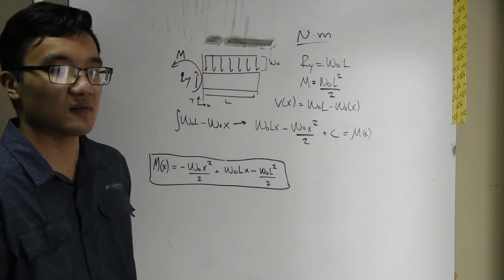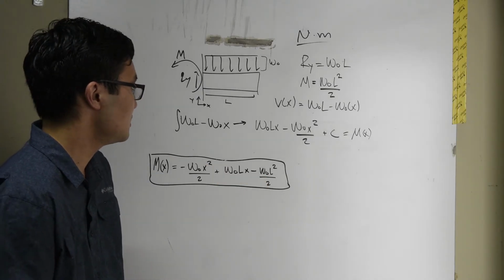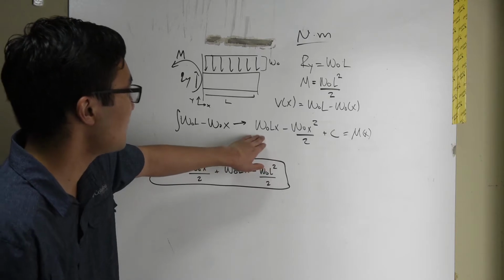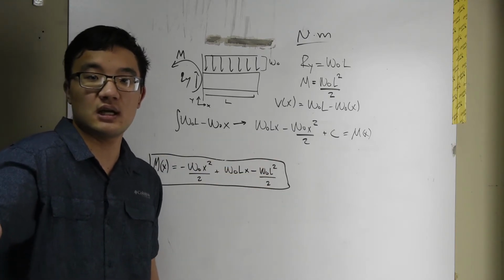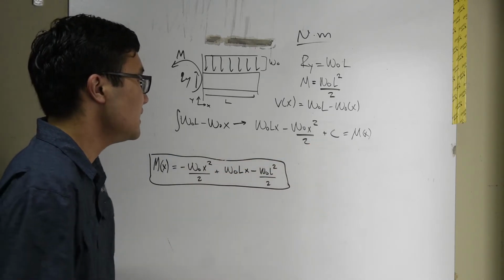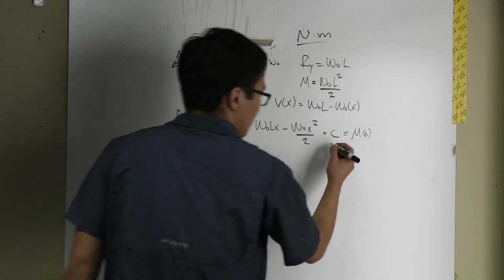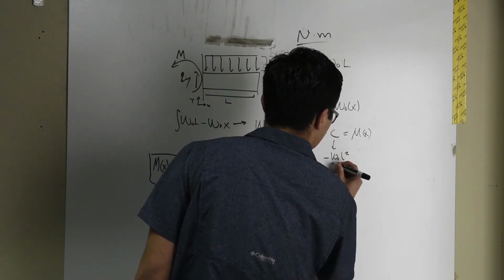You simply have to solve for C. What is C? Now we impose our boundary condition. At x is equal to 0, we have to solve for C. C is, of course, going to be negative w naught L squared over 2.